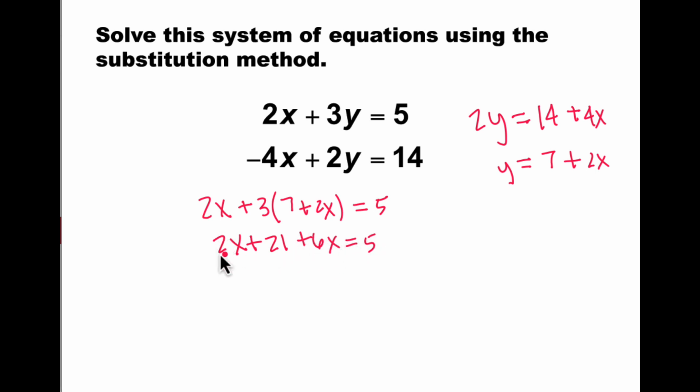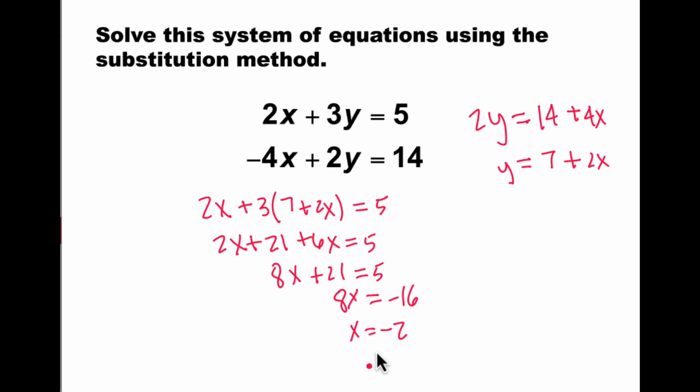Combine the x terms, and we get 8x plus 21 equals 5. We subtract 21 from both sides of the equation to get 8x equals negative 16. Now we divide both sides by 8 to get x equals negative 2.